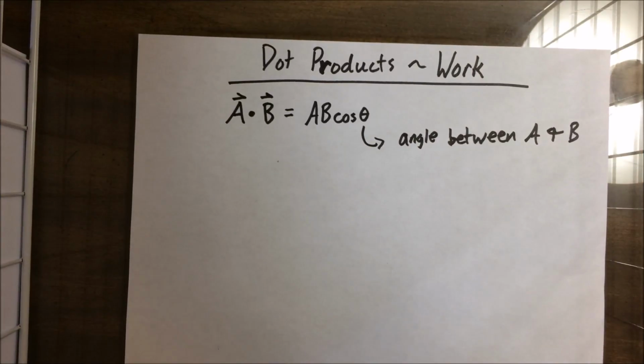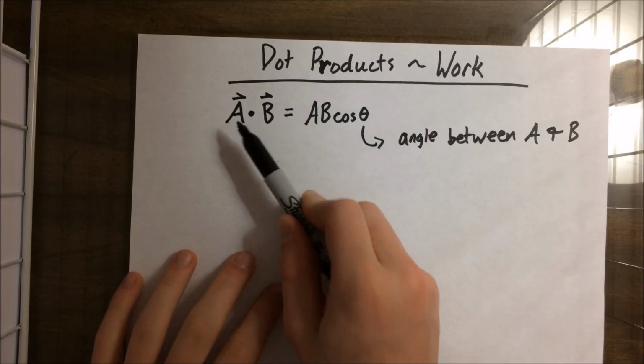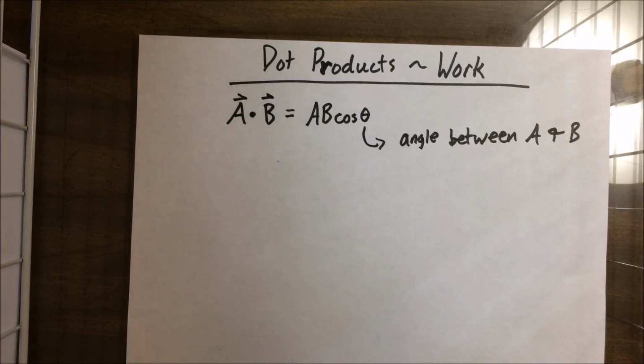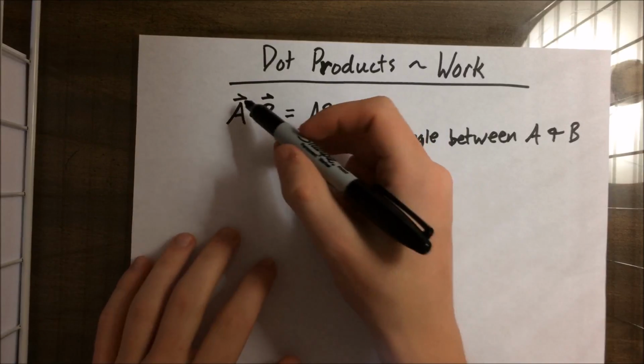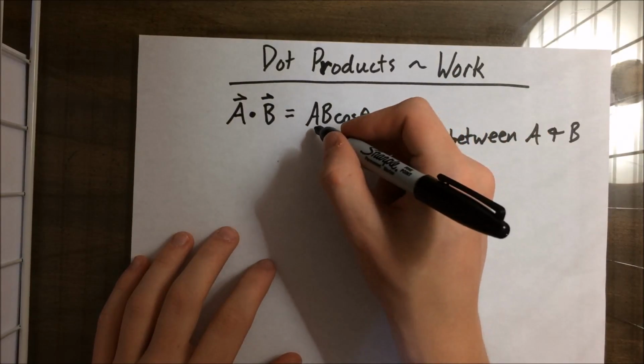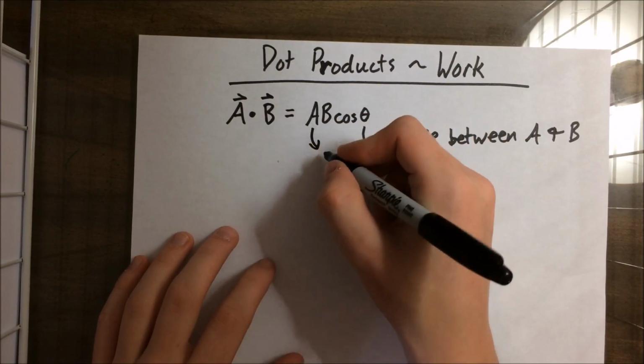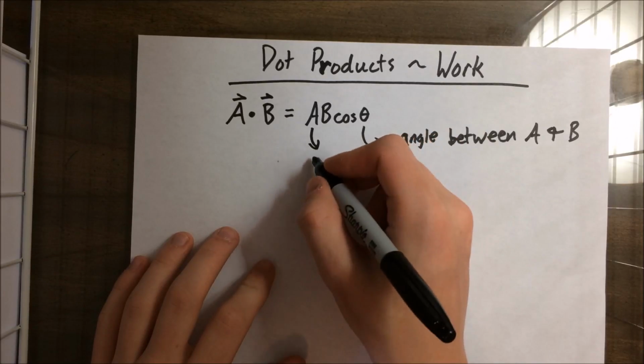Okay, so what we're looking at is these are the two vectors, and vectors are made up of both magnitude and direction, but a dot product only deals with the magnitude. So you're really getting rid of the vector part and just taking the scalar or the magnitude.